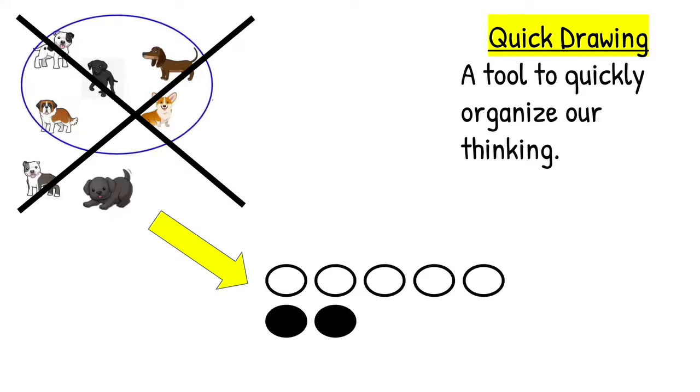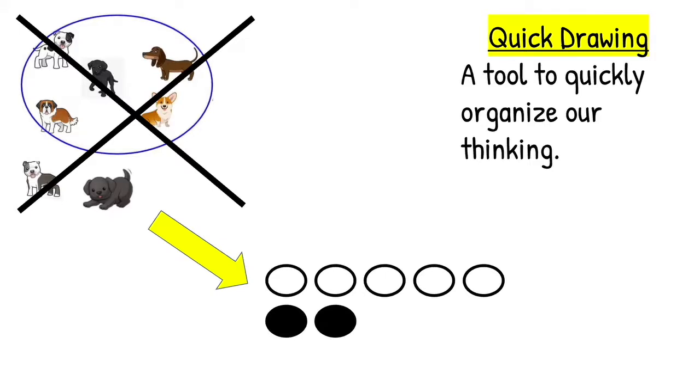So those precious little puppies up there, they are so cute. But as a mathematician, we can think about how cute those puppies are, but as we are actually writing our workout and organizing our thinking, we just want to use a quick tool like a circle and just do our best to make them about the same size and in a nice, neat row.